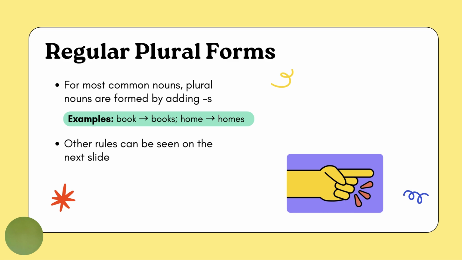So one book, two books, or I have a home, I have homes. Okay, you can do that because most of the time they are just adding s. Now, however, there will be different rules whether you will add s or es.